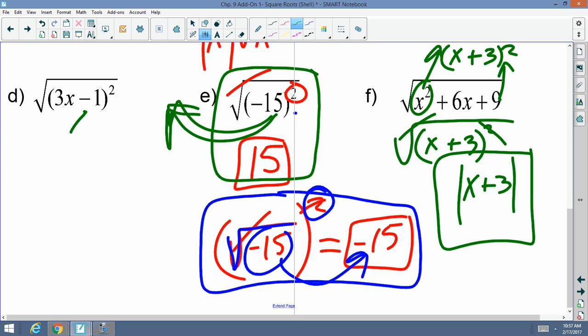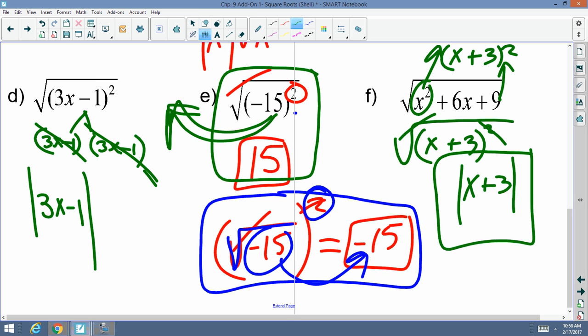This breaks down into a 3x minus 1 and a 3x minus 1. A 3x minus 1 and another 3x minus 1. That means I had 2 of the same. Comes out as a 3x minus 1. And this just happens to be to the first power. So I have to put an absolute value. No, I do not change the middle sign of that 1, though. Great question. Thank you. We're good?